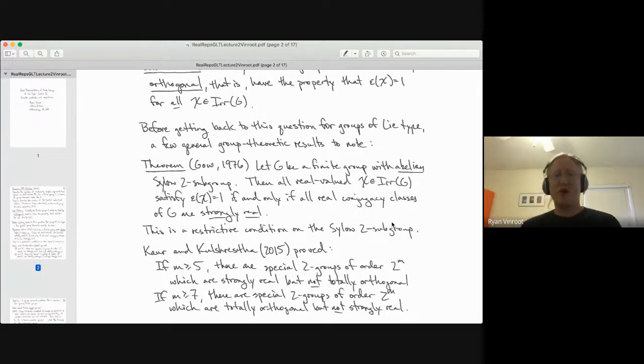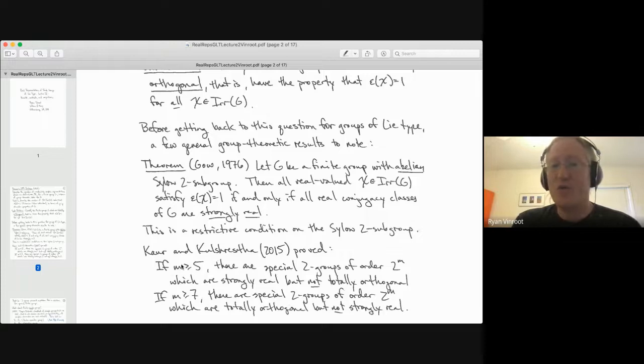So this is kind of on the other hand, if we were to not restrict the Sylow 2-subgroup, the question becomes extremely difficult, it seems. So this is from a paper of Kaur and Kocheresta in 2015. If you look at special 2-groups, so you don't have to look that far. Special 2-groups, you can write down, they're a very specific family of 2-groups.